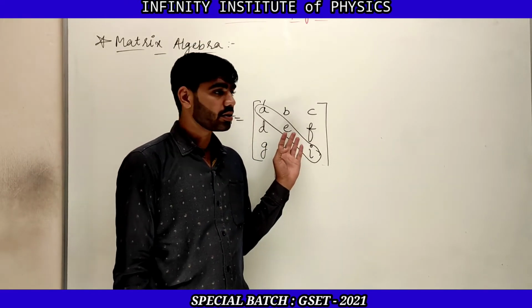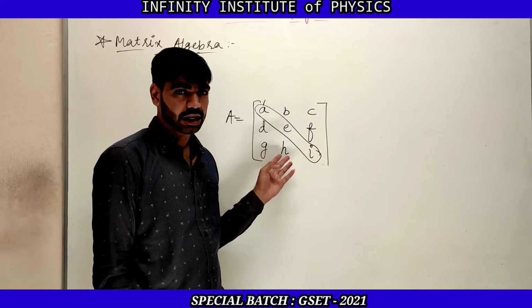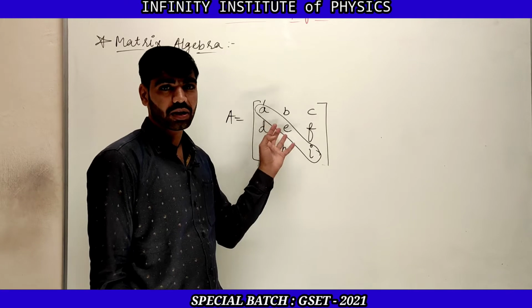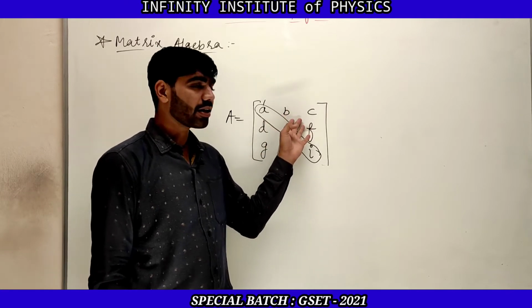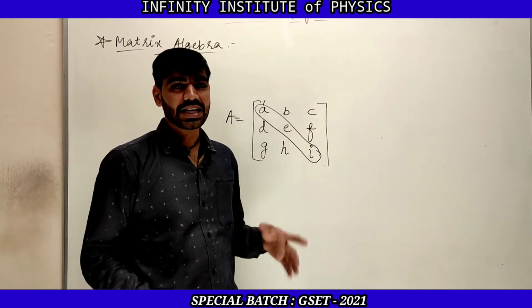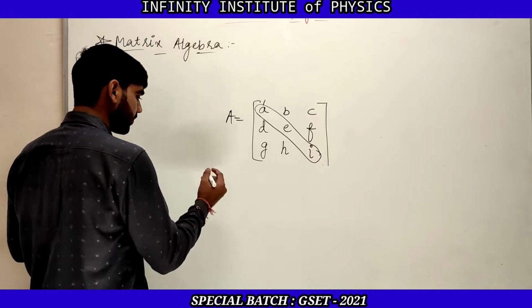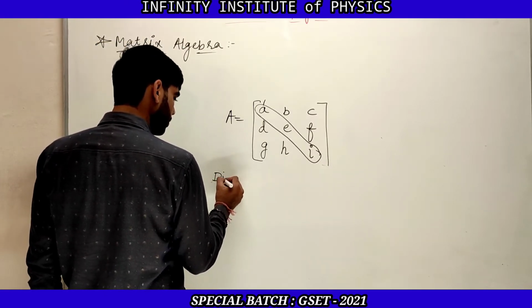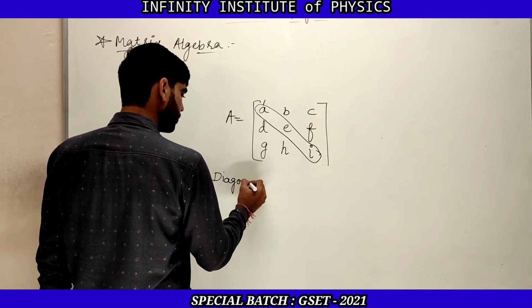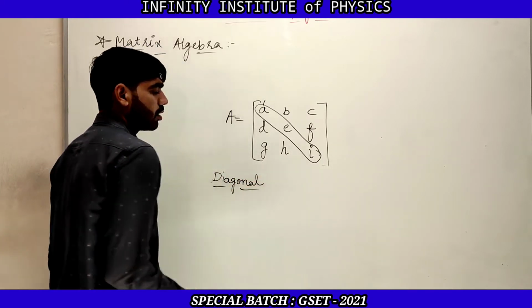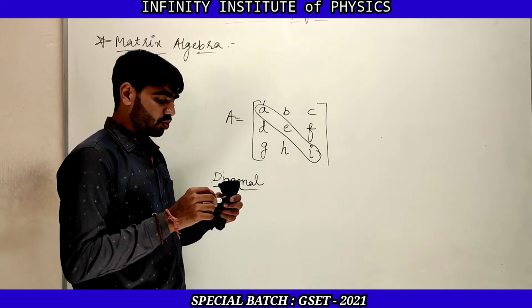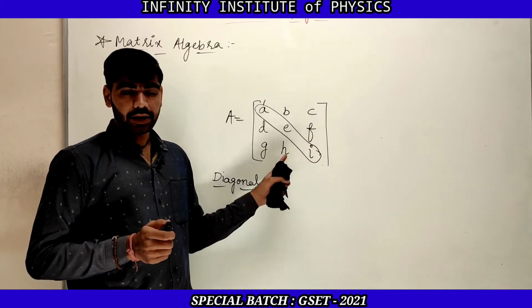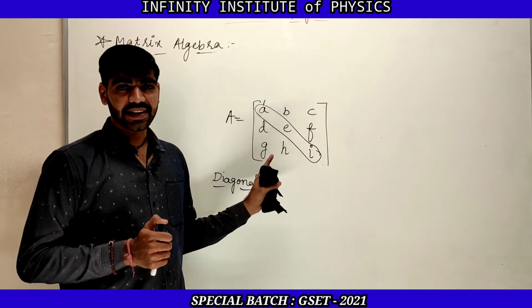Upper triangular has zeros below the diagonal, lower triangular has zeros above the diagonal. But in a diagonal matrix, all the entries are 0 except the principal diagonal. Entries other than the principal diagonal are 0.